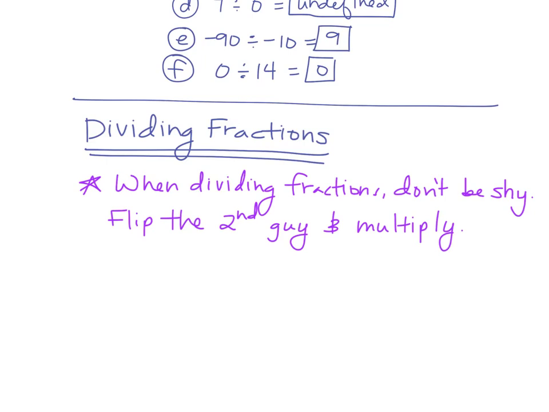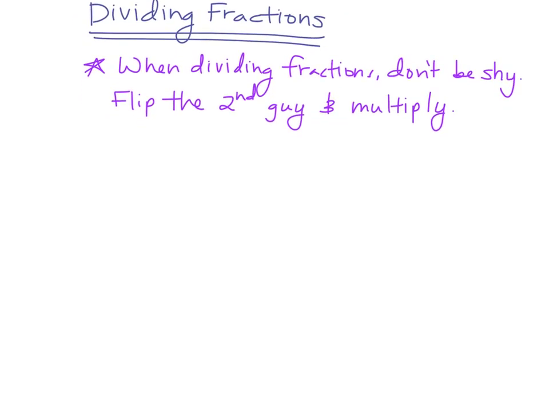What I mean by that is if I have this setup, A over B divided by C over D, we're dividing two fractions. What you do is you flip the second guy. So this one right here, you're gonna flip it over, so it's gonna become D over C instead.